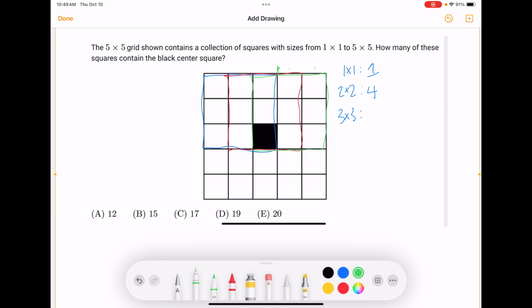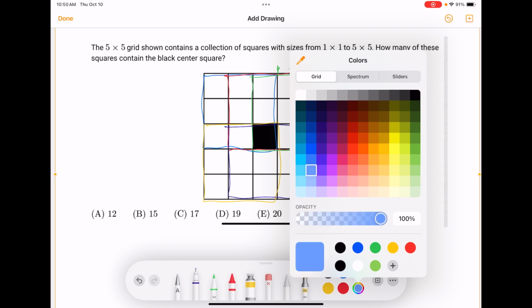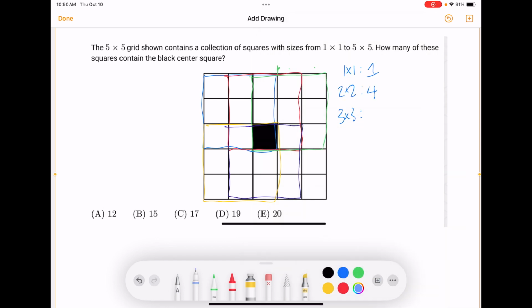And then you can repeat the process. So we have 1 down here, 1 right here, and 1 right here. Right now we currently have 6, 3 on each side.